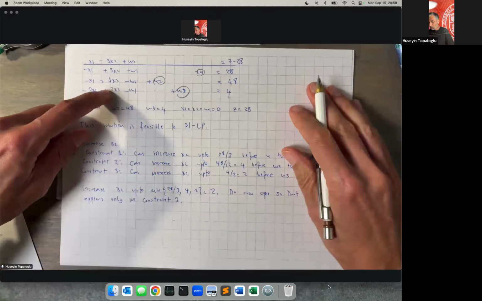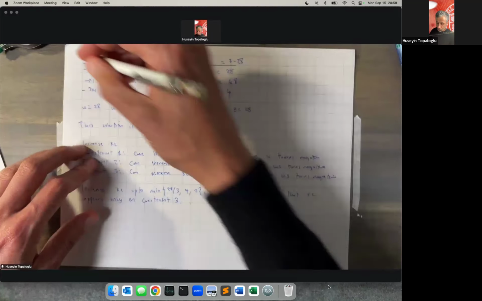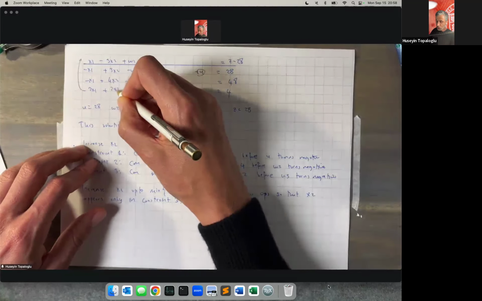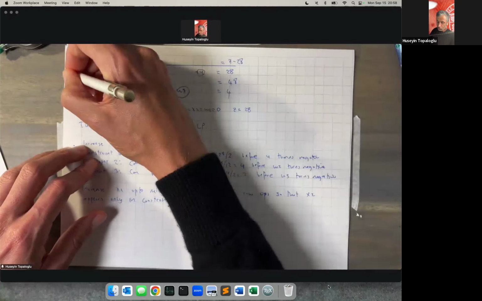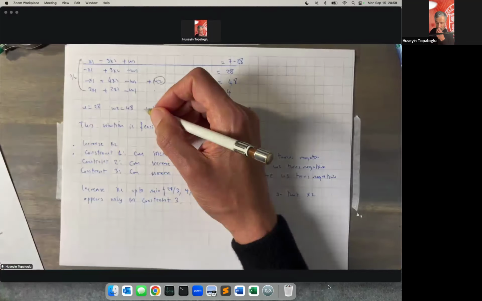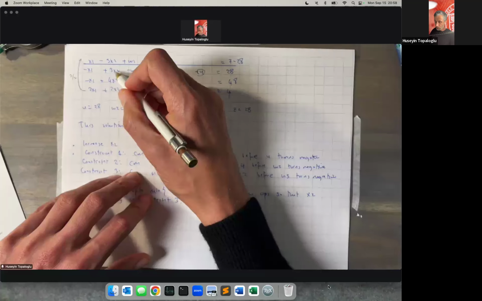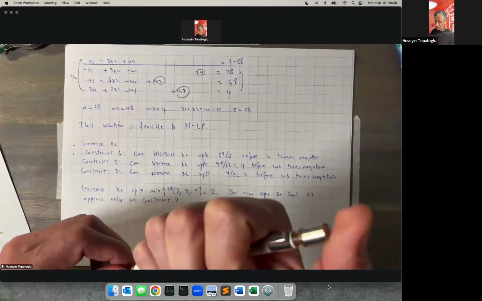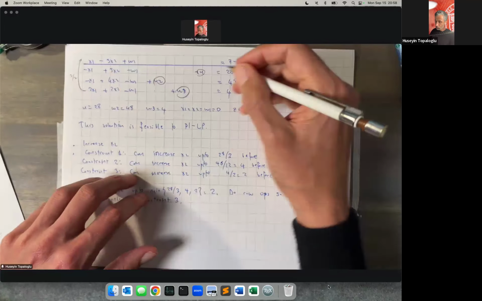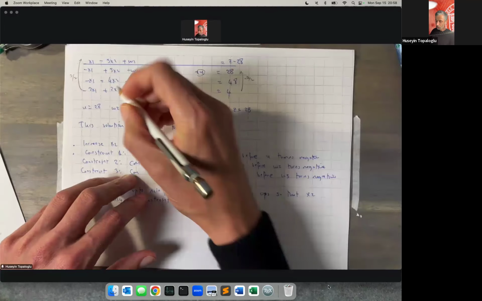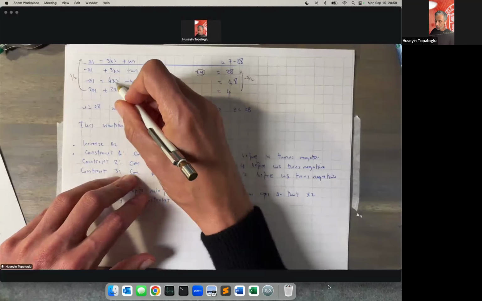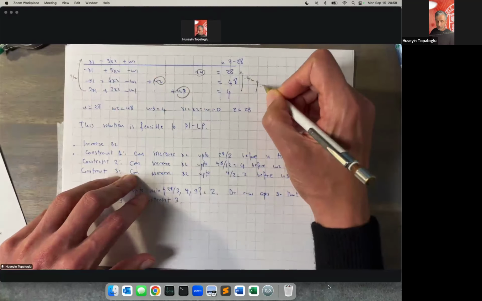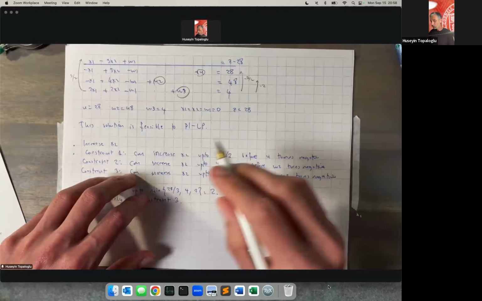To get rid of x2 in the objective function row, multiply the third constraint row by 3/2 and add it to the objective function row. I want x2 to disappear from the first constraint row, so multiply the third constraint row by minus 3/2 and add it to the first constraint row. And I want x2 to disappear from the second constraint row, so multiply the third constraint row by minus 2 and add it into the second constraint row.